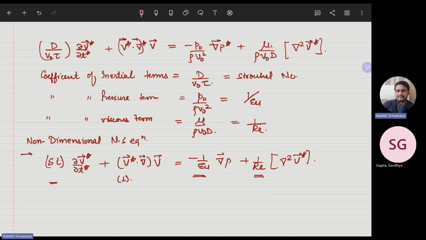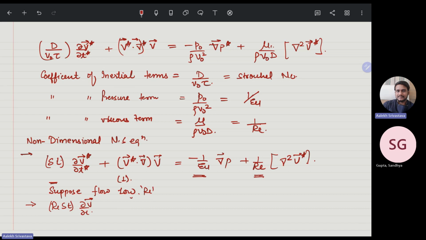So one question is, suppose your flow is high Reynolds number. Or let us consider the first case of low Reynolds number. If you say low Reynolds number, it is Re into St. I am transferring Re here.